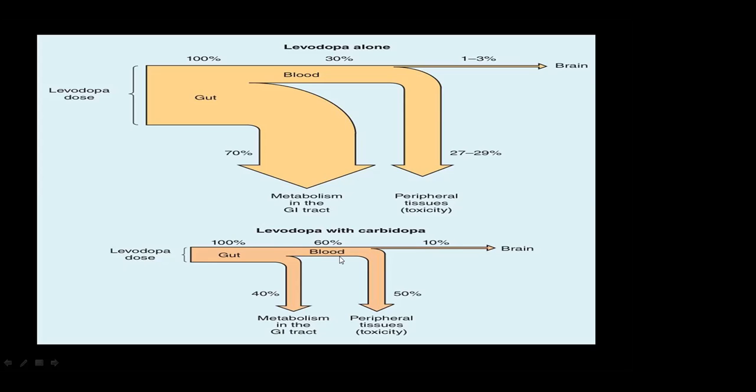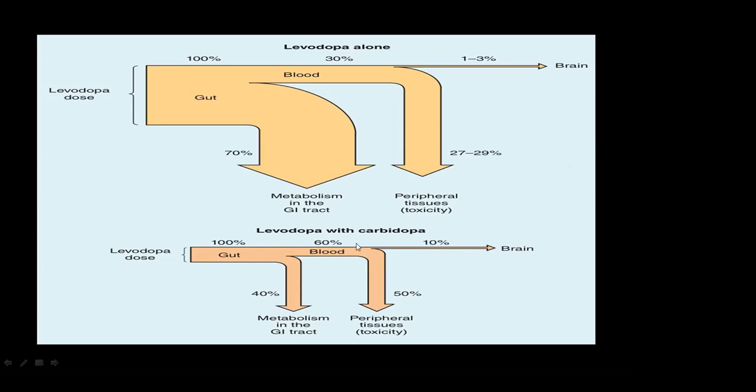And as you can see also here, compared to the levodopa use alone, in the levodopa dose alone, there's only 1 to 3% that is absorbed or is permitted to enter the brain, because the peripheral enzyme, the dopa decarboxylase, converts this levodopa to dopamine, thereby allowing only a small amount to enter the brain.